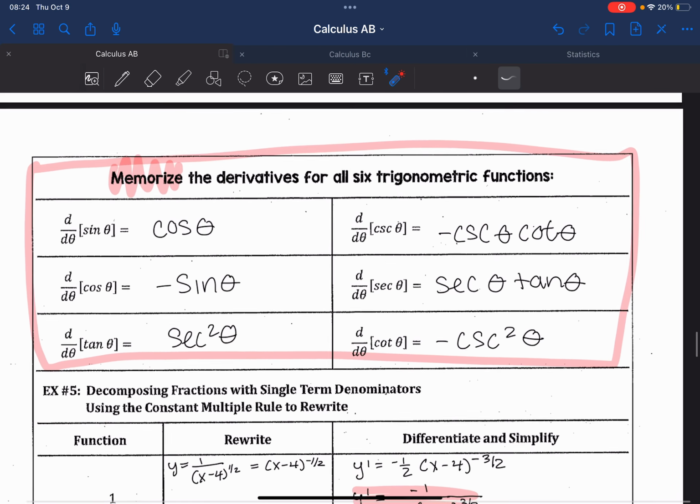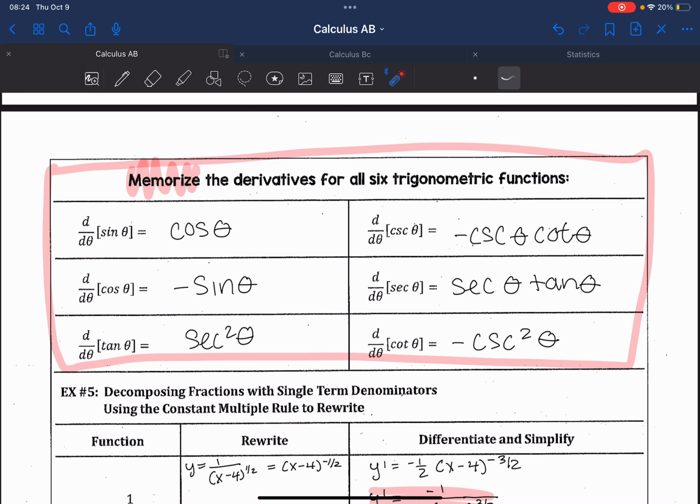Okay, more trig functions to memorize the derivatives. So we already know that the derivative of sine is cosine, and the derivative of cosine is negative sine, and the derivative of tangent is secant squared. We learned those in the previous notes.